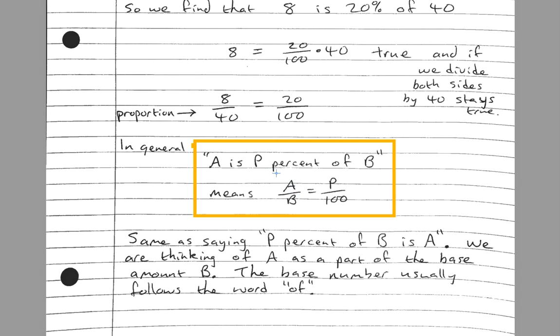When you're trying to figure out A, B, and P, the B number is usually right after the "of." So when you see the word "of," the next number is usually, not always, the B, the base amount.